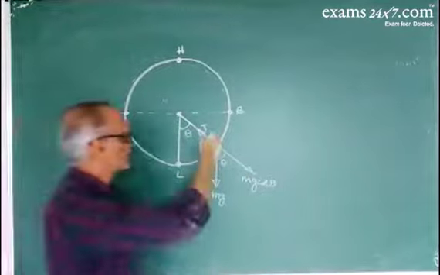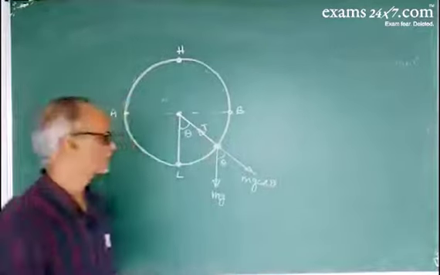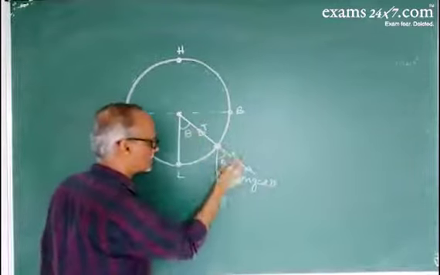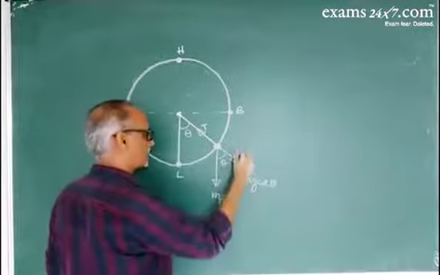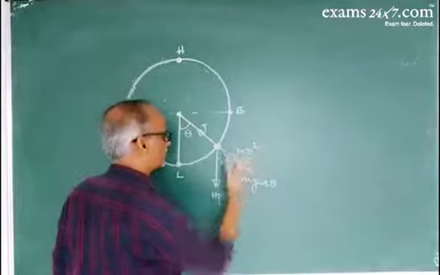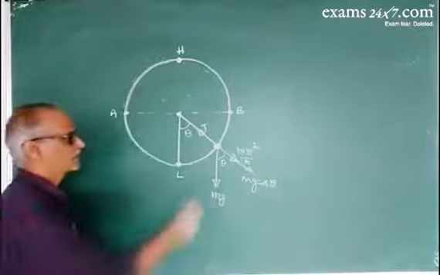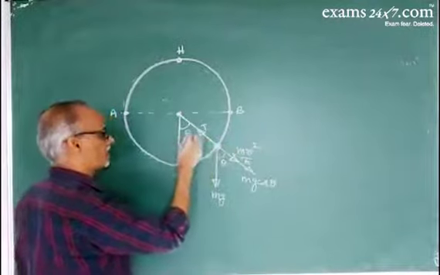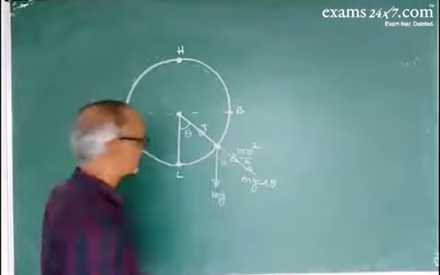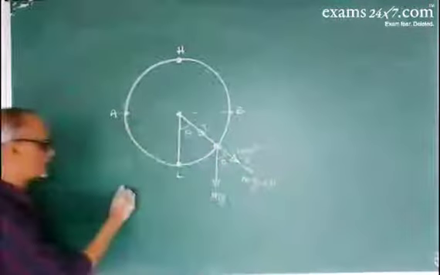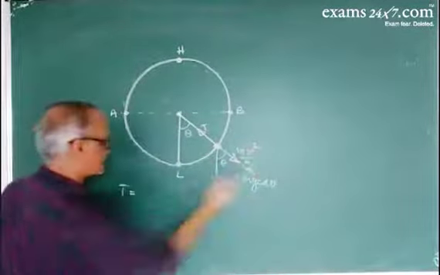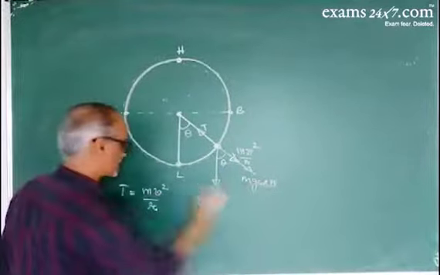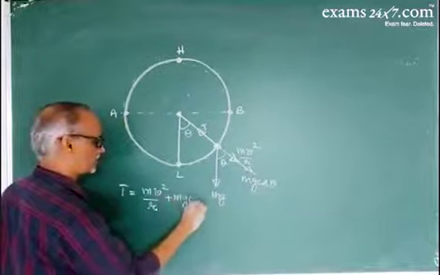And since the particle is in a non-inertial frame, the centrifugal force acts opposite to the centripetal force, which is given by mv²/r. So the net tension of the string at any point or at any instant is given by T = mv²/r + mg cos theta.